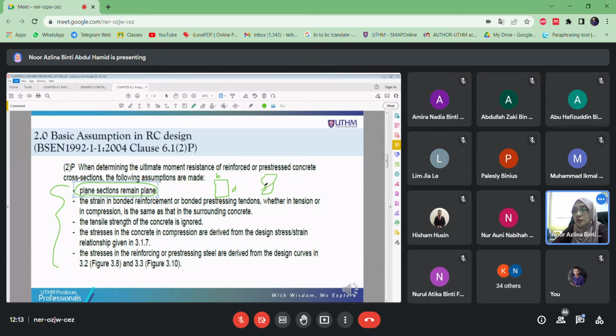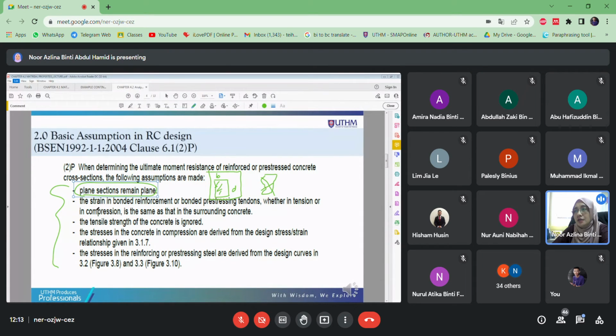No, we just ignore its effect. We just design based on B multiplied by D, which remains plane as a rectangular section or as a circular section or square section.